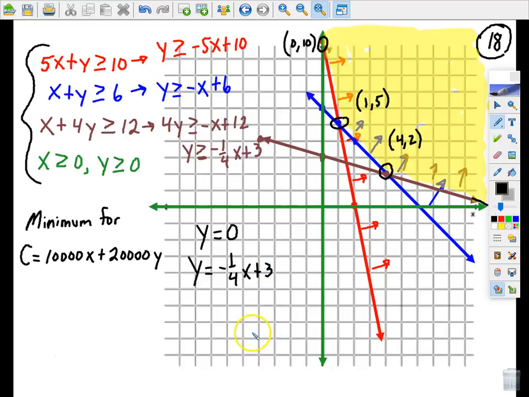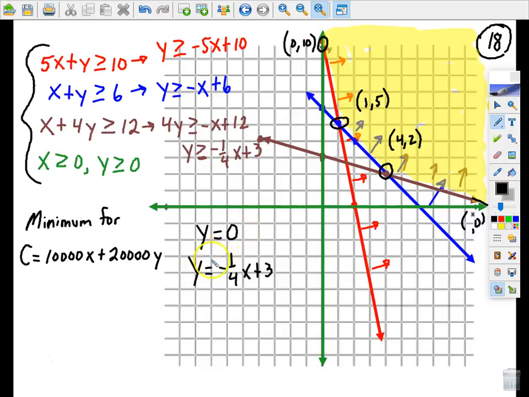Okay, so how do we solve a system? That's really what we want to know. Let's find x and y. Well, we know what y is of this point of intersection. That's got to be 0.